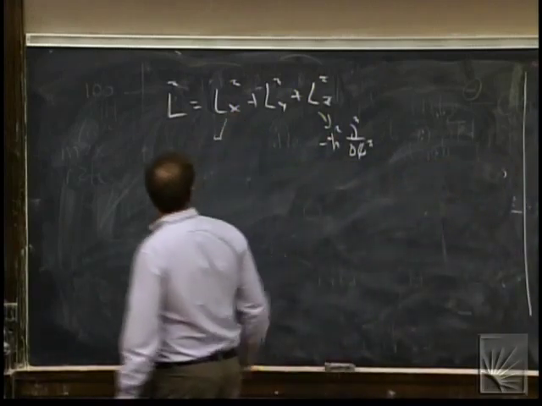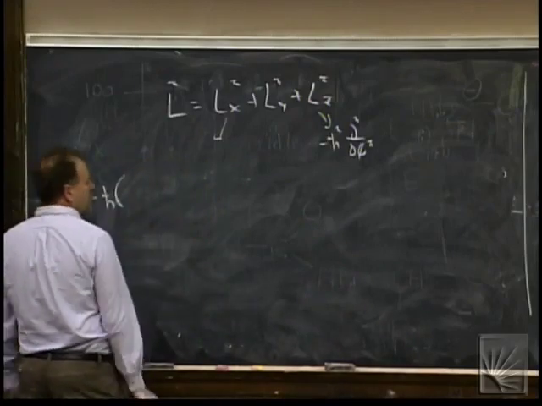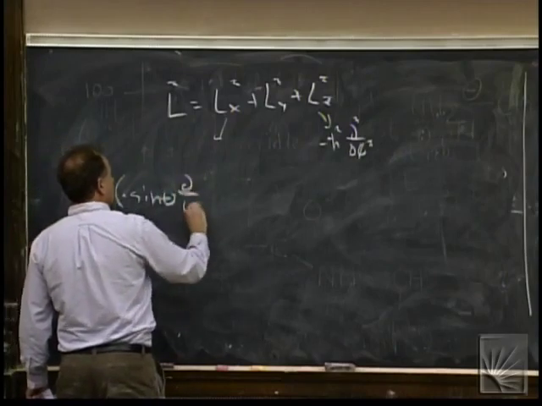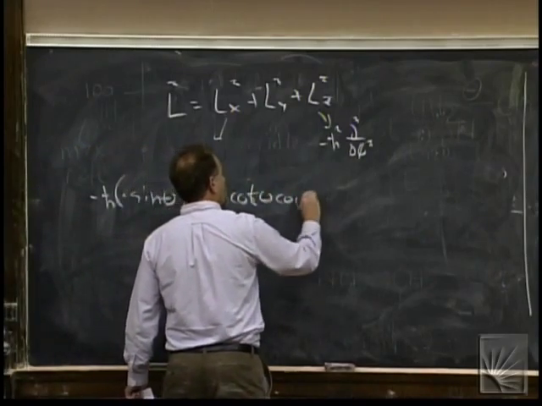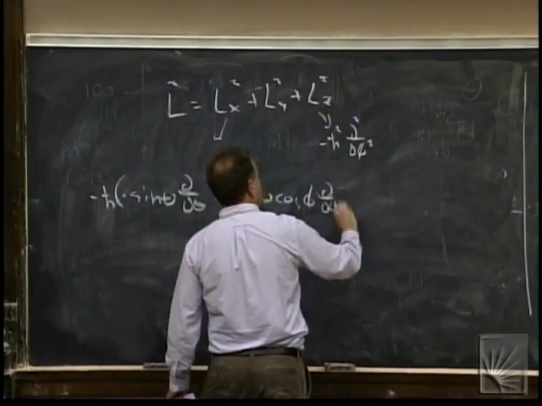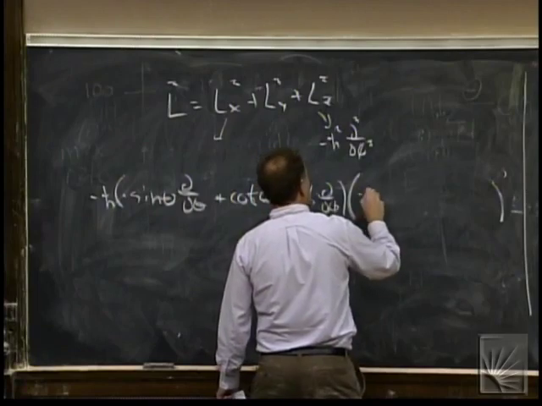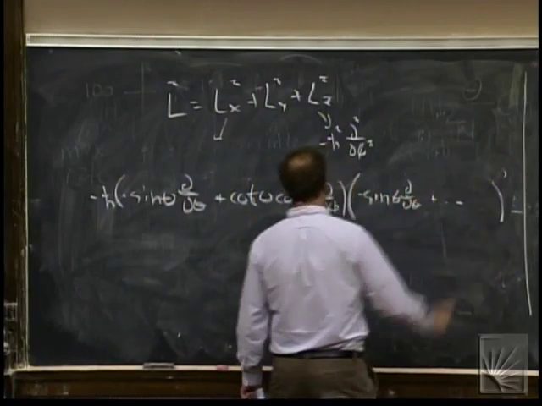Lx, oy vey. It's minus h bar squared, I'll write it down once, minus sine theta d by d theta plus cotangent theta cosine phi d by d phi, operating on the same thing. I get tired, right?